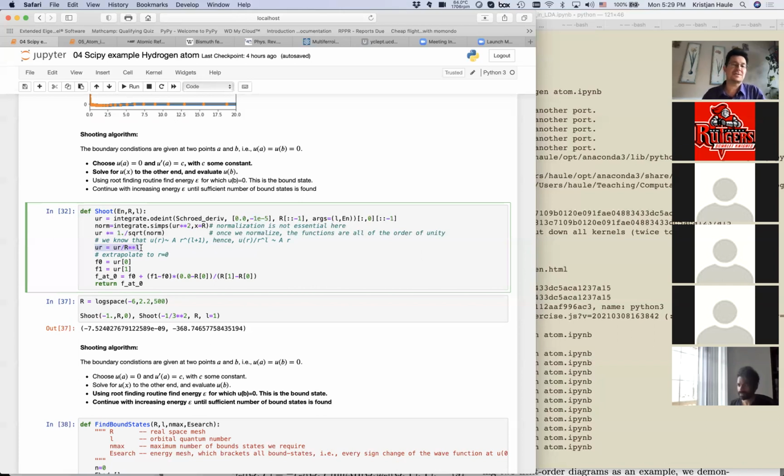Now, because I didn't want to bother with quadratic extrapolation, we can use a trick: divide by the proper function, r to the l in this case, and then we know that the resulting function is linear in R, okay? And once we know that it's linear, then we know how extrapolation works, don't we? So we take a point, the very first point on the mesh.